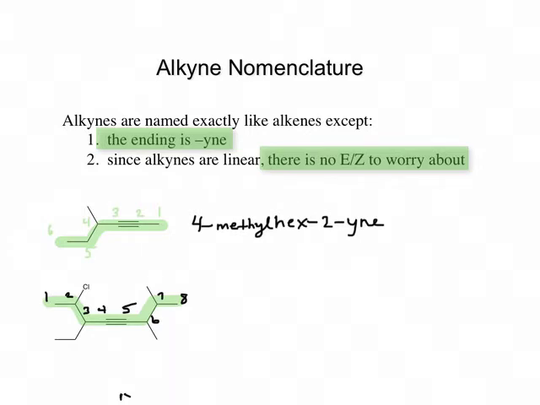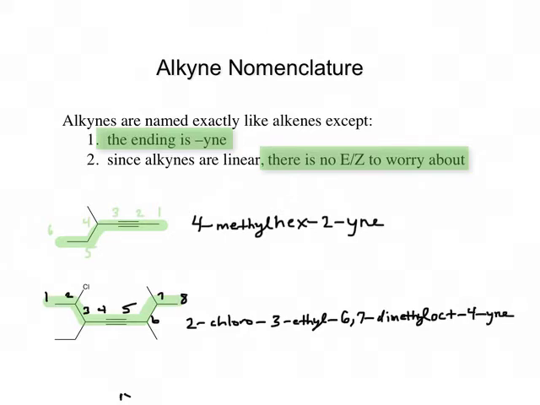Chloro will come first, so this will be a 2-chloro, and then we'll go to ethyl, 3-ethyl, and 6,7-dimethyl, eight carbons is oct, and it's going to be 4-yne. So 2-chloro-3-ethyl-6,7-dimethyloct-4-yne.